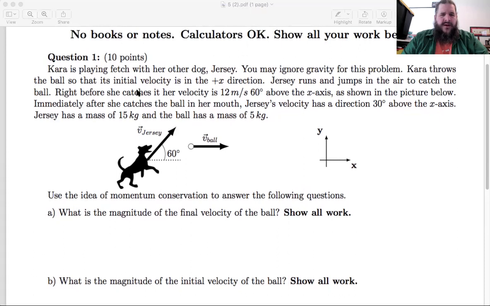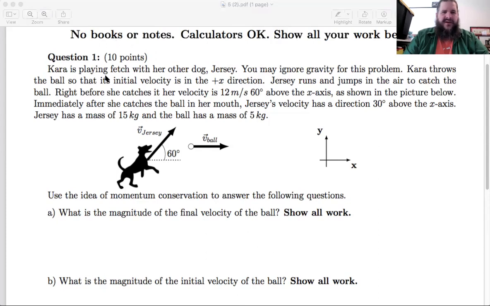But looking over what's going on here, we've got the initial situation illustrated here. We've got the dog leaping into the air at 60 degrees. And also we know the dog's velocity, 12 meters per second at that 60-degree angle. So let's start labeling these.